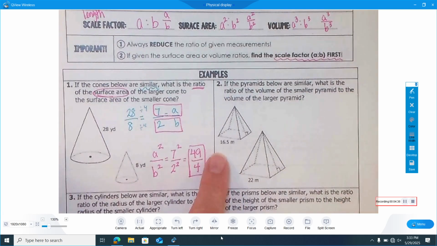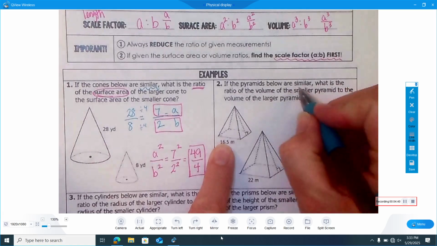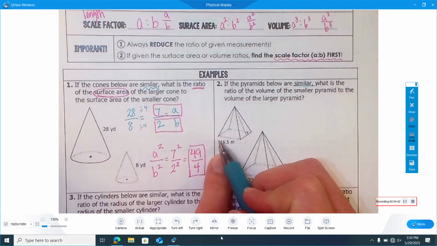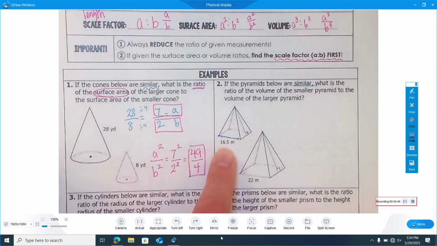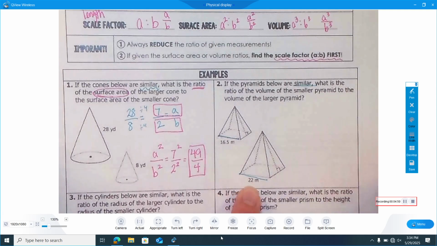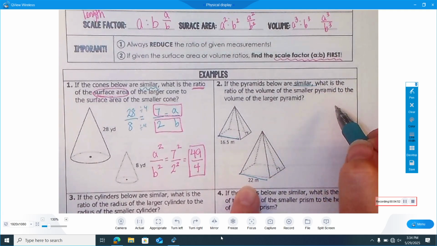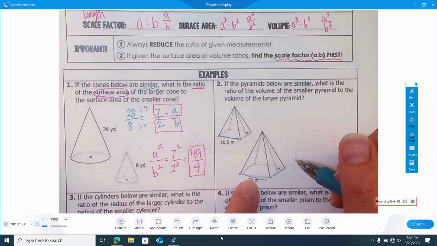All right, let's look here at number 2. Again, they are giving us pyramids are similar, and they are giving us length units here. The 16.5 meter base for the smaller pyramid and 22 meter base for the bigger pyramid. So I'm going to start with that. Those are regular old linear units.